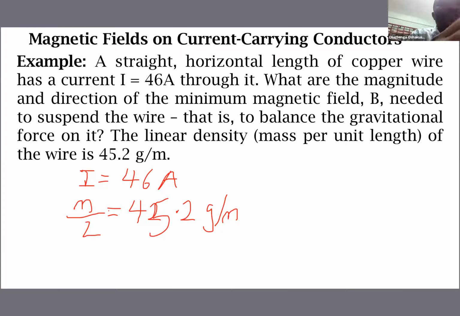Let me define our magnetic force, FB, in vector form, to be equal to IL cross B. And we want to also use it to balance the gravitational force, Fg, which is M times G.